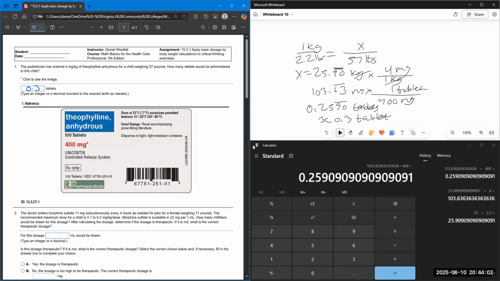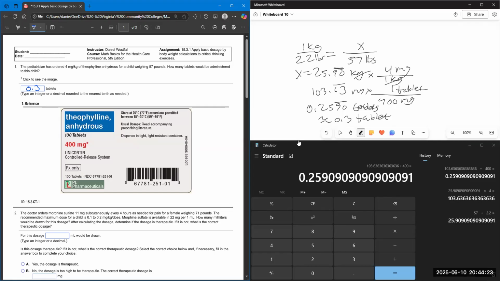If we could contact the pharmacy and say, do you have this in something that's weaker? Could we figure out some way to administer this where we're not giving a silly answer like 3/10 of a tablet?